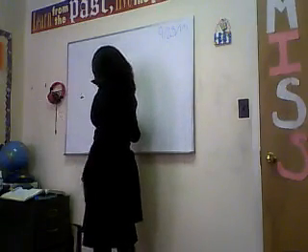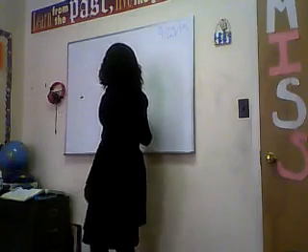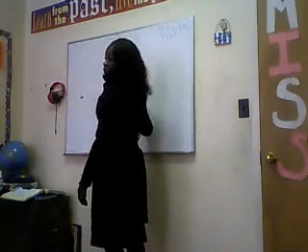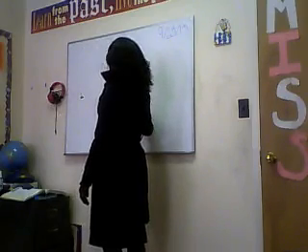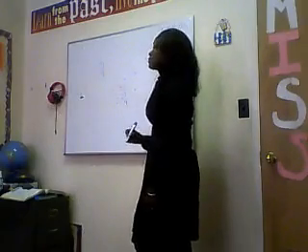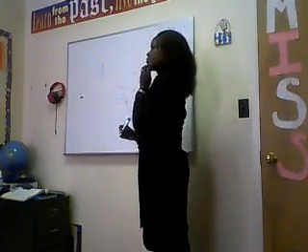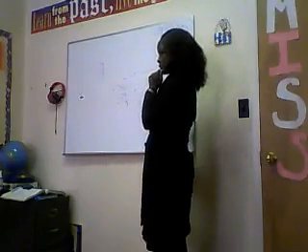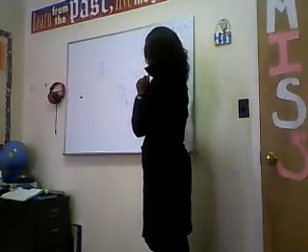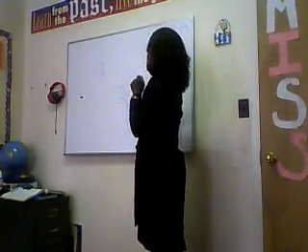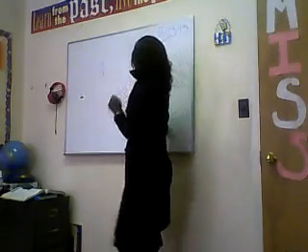What becomes my whole number? Okay. So 3 is the whole number. 4 is the numerator. Good. And 9 is the denominator. Very good.